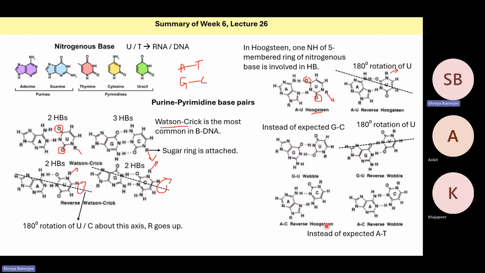And similarly, you can have reverse Hoogsteen and so on. So mainly there are three kinds of base pairings: Watson-Crick, Hoogsteen, and wobble. And for each kind of base pair, you can have the corresponding reverse base pairing where you are simply flipping the second nitrogenous base by 180 degrees.